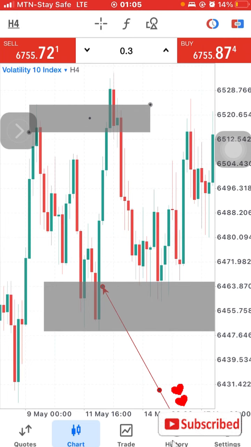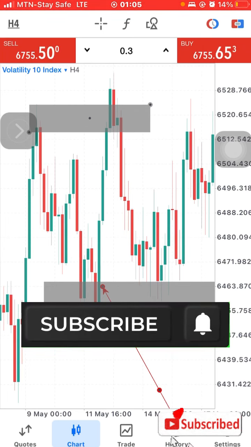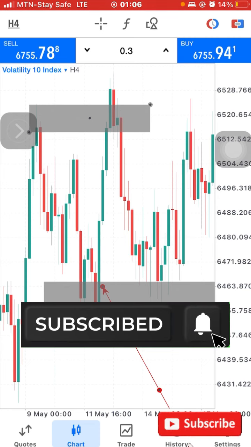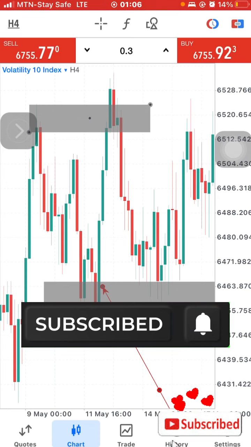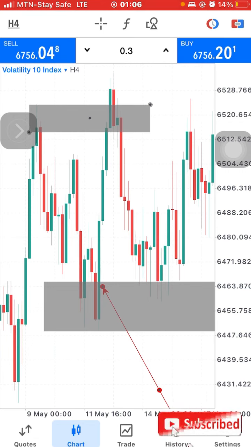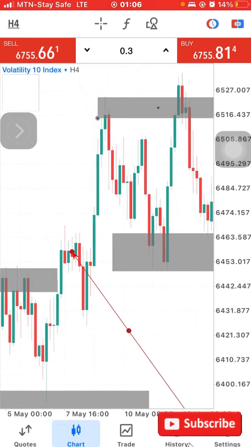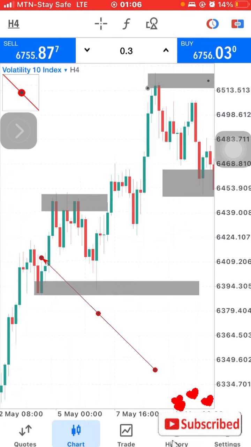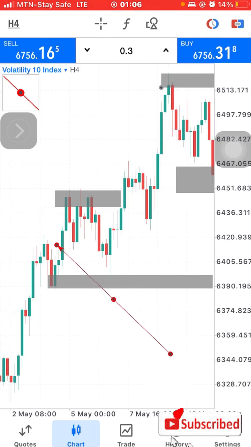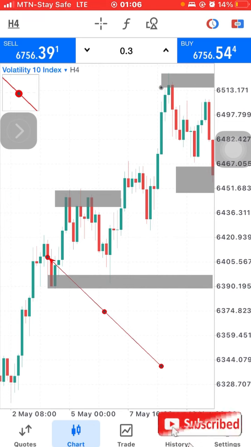Demand and supply zones are areas where smart money, the major volatility of the market, started from, where smart money bought from, and the majority of times it leaves gaps all the way upwards. Now, how do I identify them? How I identify them is to look for zones where markets reverse from, zones where market bought impulsively from, and these zones break the last high.